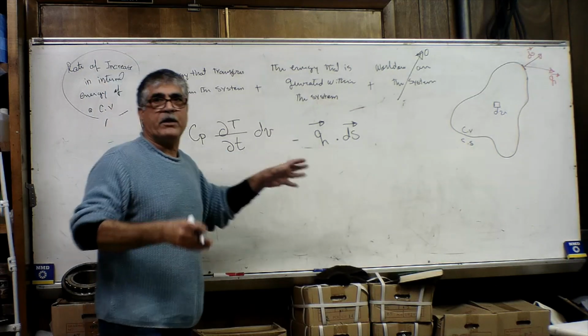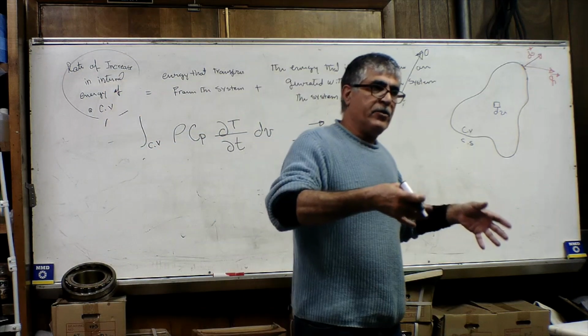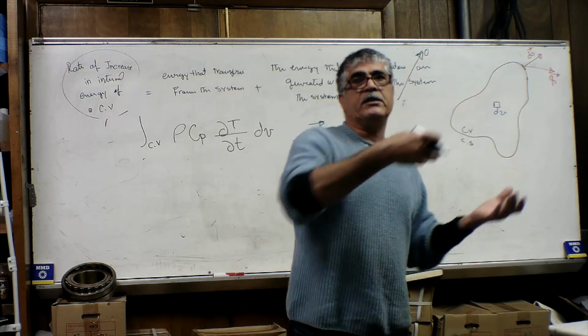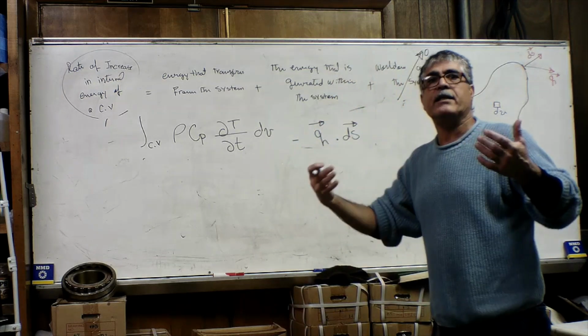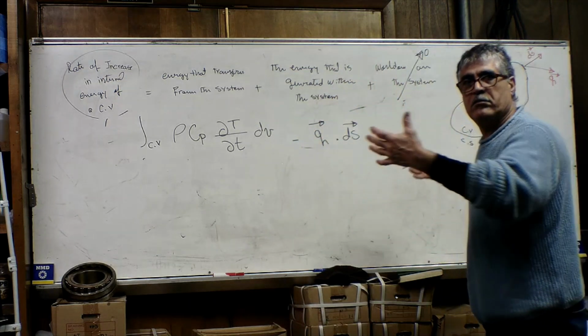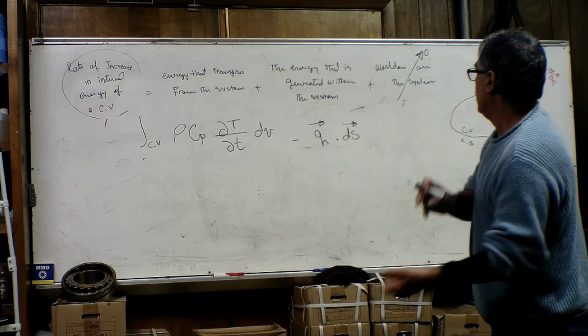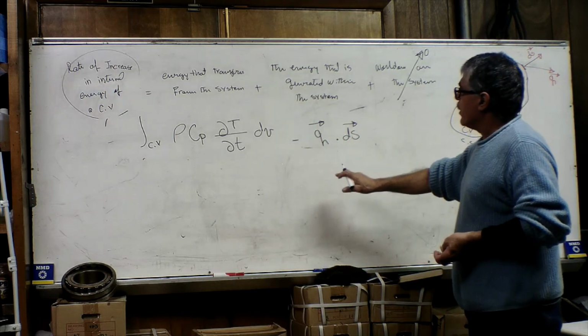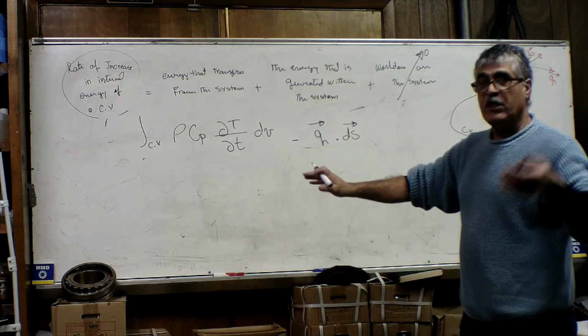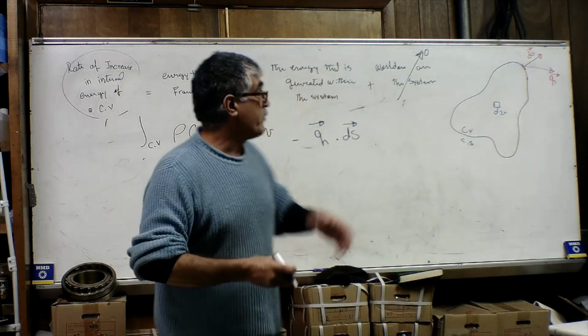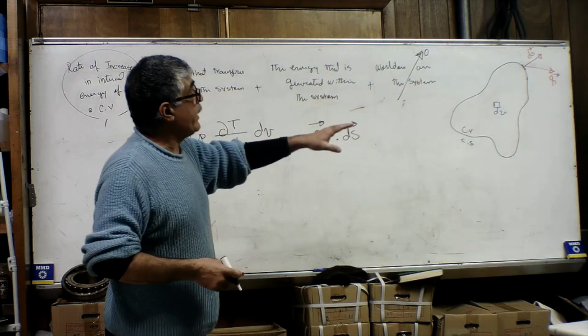Why minus? Because the energy is leaving the system, so there will be a decrease in energy in our system. So that's why this minus is for. Now this is the heat transfer from that differential surface.